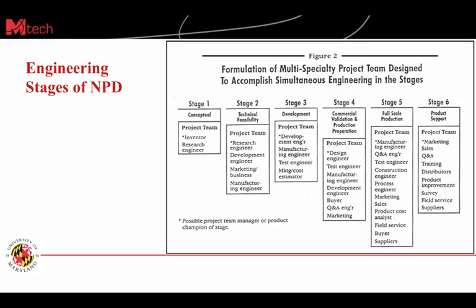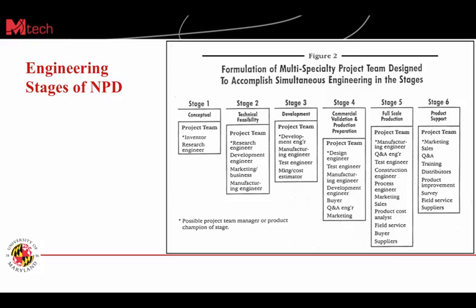The second stage is a technical feasibility stage where you test the idea. A third stage, again, a different group of people. A third stage is where you develop the product. Again, a different mix of people. Stage 4 is the validation and production preparation, where you have another team, sometimes engineers, sometimes marketers.